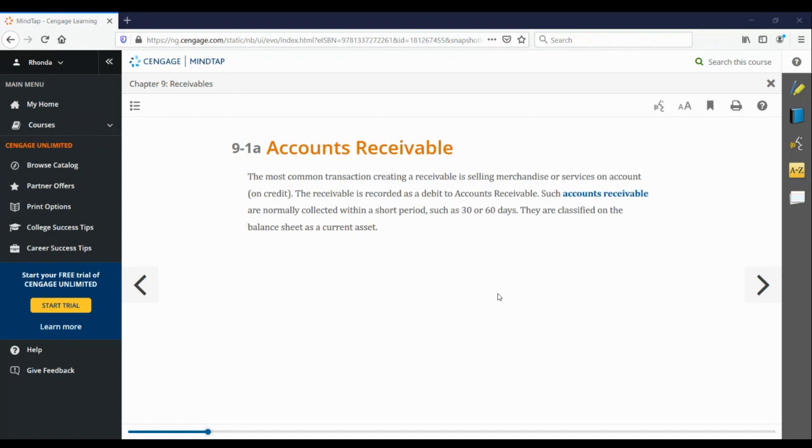And since most accounts receivable are for 30 or 60 days, they are definitely considered to be current assets. So accounts receivable is a current asset. You would recognize it at the end of the accounting period on your balance sheet. And that's the way we would report accounts receivable.